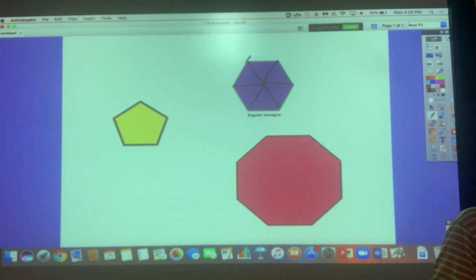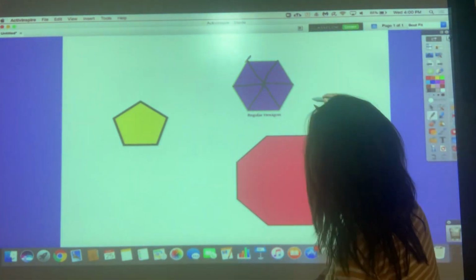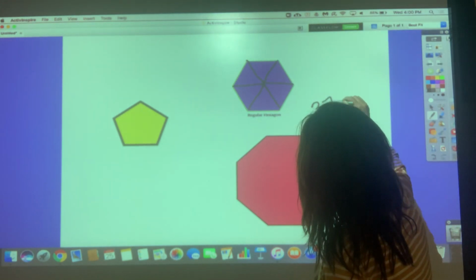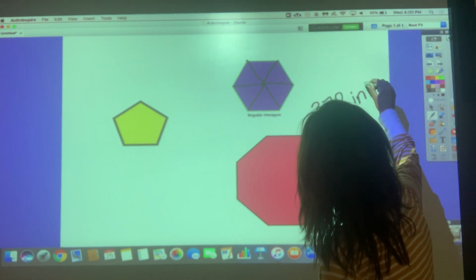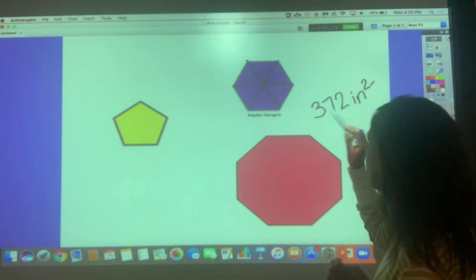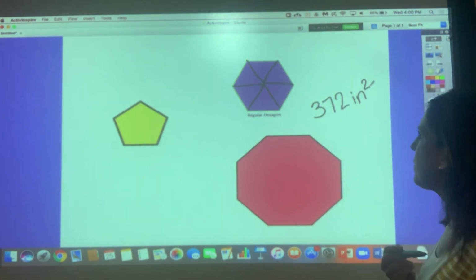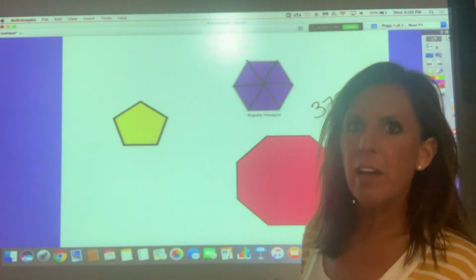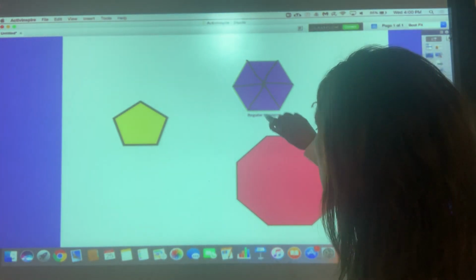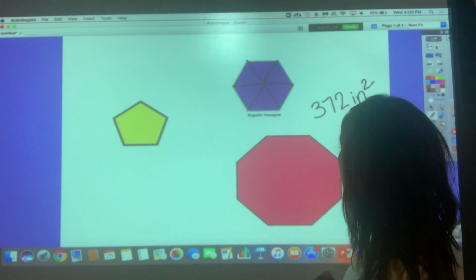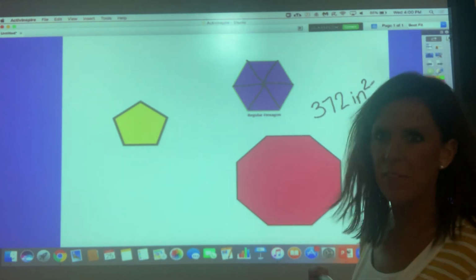Well, this time we are actually told that the area of the entire hexagon is 372 inches squared. So we're told the area of the entire thing. What do you think we would do to find the area of each individual triangle if we know that the entire area is 372?